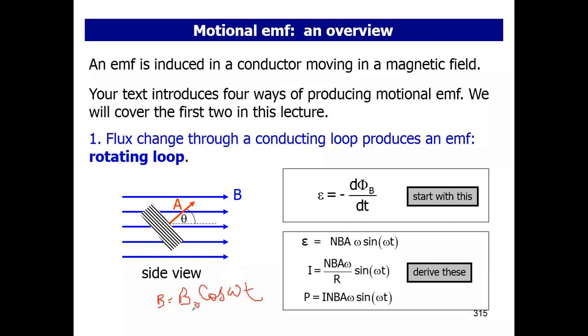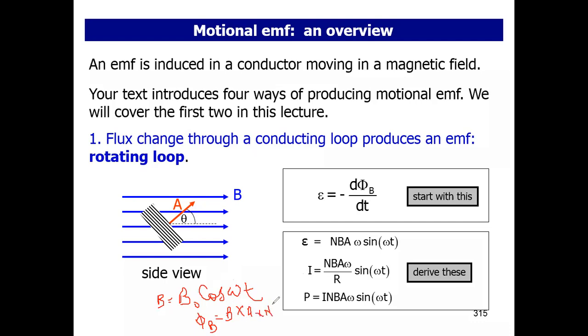So what is phi? Phi B is B times A, yes or no? Yes, sir. So we put it here in E, and suppose there are N number of turns, so this will be multiplied by N.